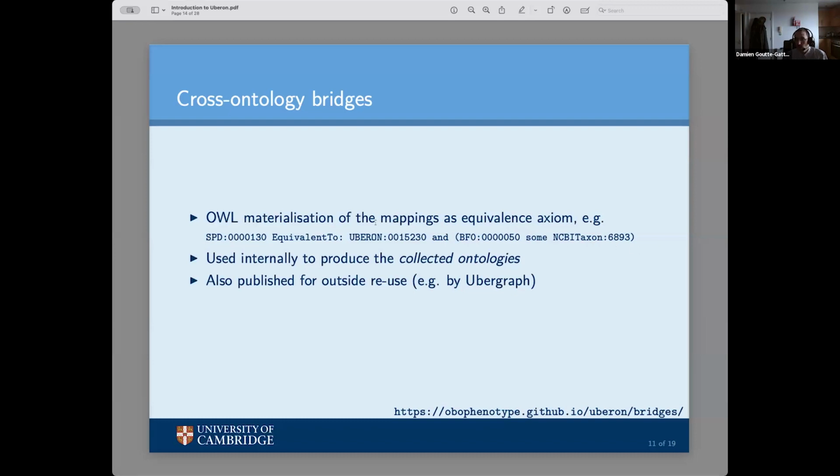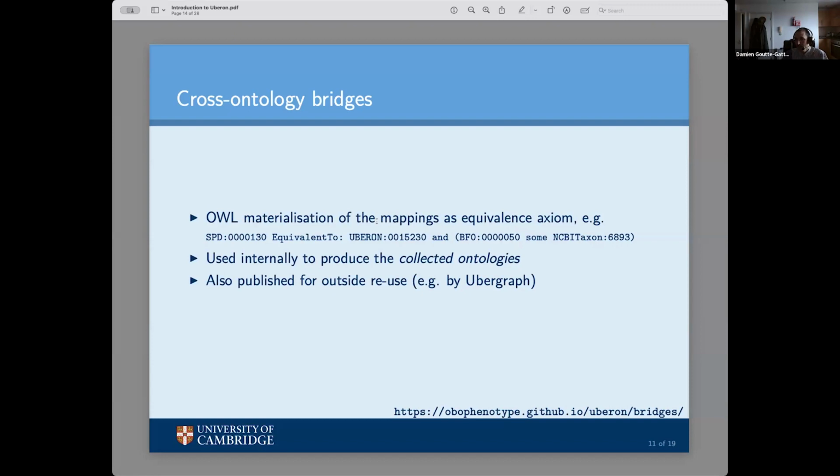So basically, it's the mappings in a form that is directly usable by any tool that can manipulate OWL files, such as Protégé, such as ROBOT, or any other tools that can manipulate OWL files, with the OWL API or the Ontology Access Kit or any other tool like that.